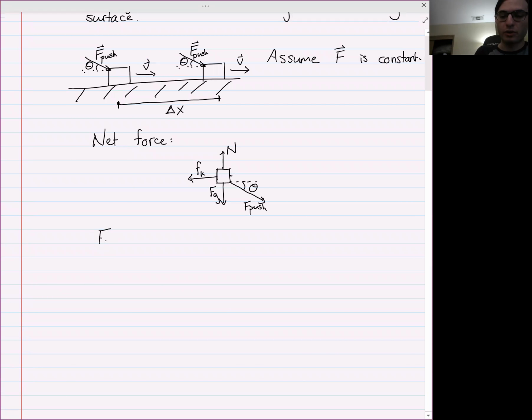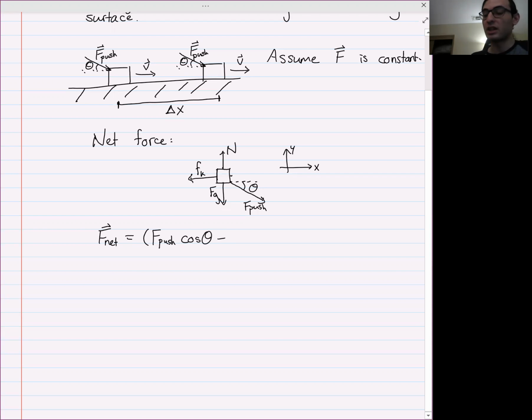So we can compute the net force on the object. That would be F push, and now we have to do some trig here. Let's use standard coordinates. So what's the x component of F push? It would be F push times the cosine of theta.